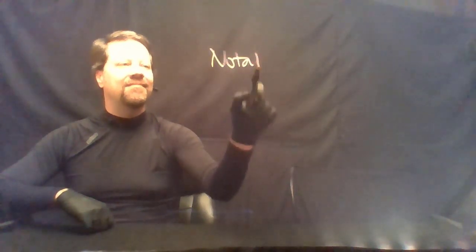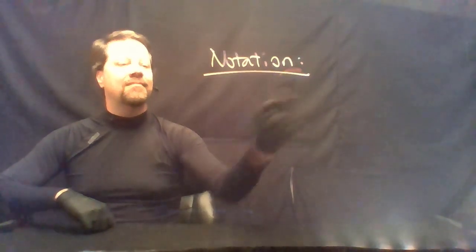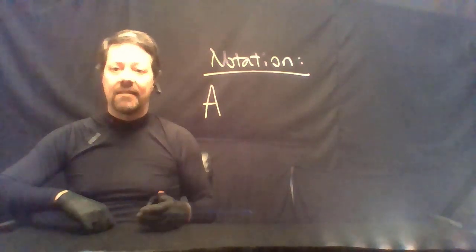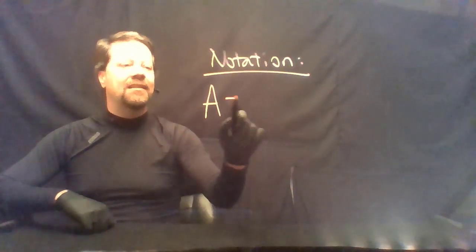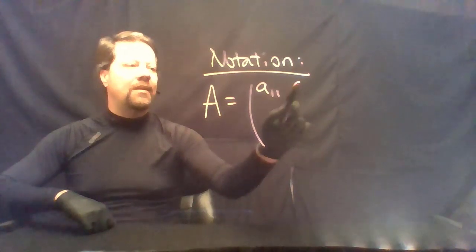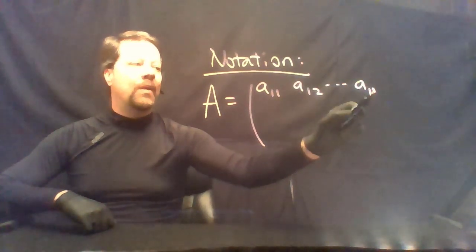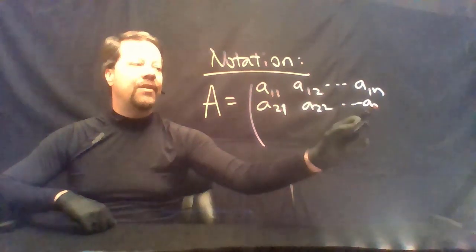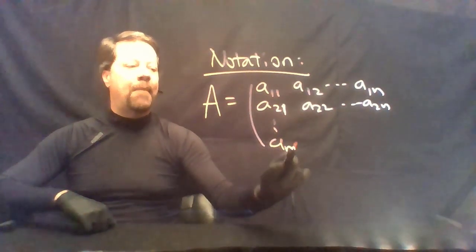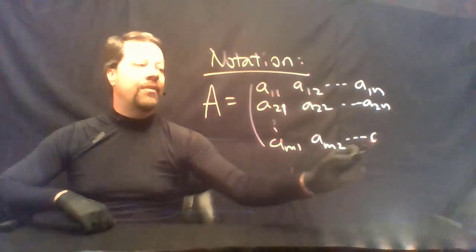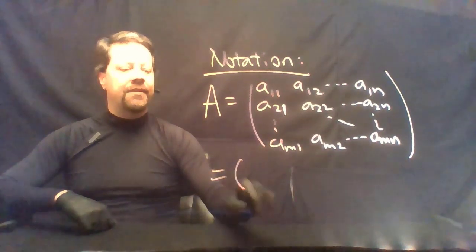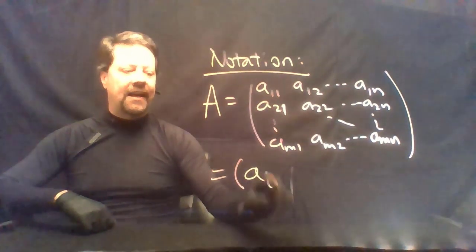A little bit of notation. We often denote a matrix by a capital Roman letter, say capital A. It will have entries A11, A12, through A1n, A21, A22, through A2n, AM1, AM2, through AMN, and we will often abbreviate that by just writing AIJ.